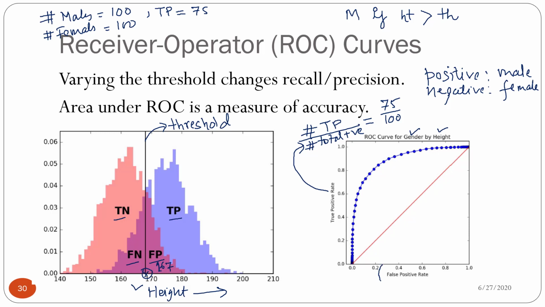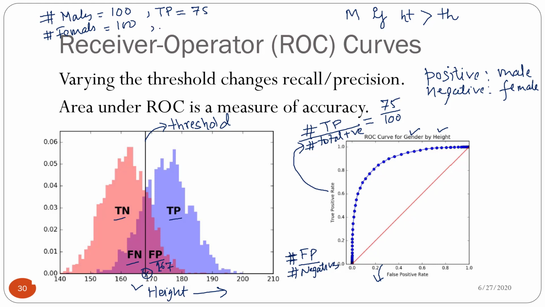Now what is the false positive rate? What do I have on my x-axis? It will be the number of false positives divided by the number of negatives. The number of false positives, that means this thing, divided by the total number of negatives, which means how many females I am considering as males, divided by the total number of females that I have.